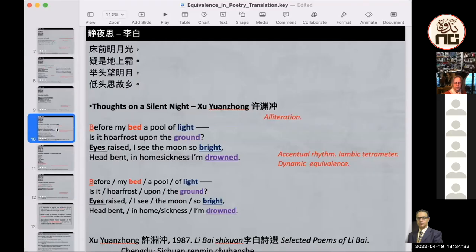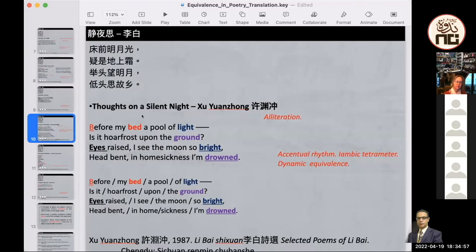Even many poets are not so familiar with English prosody. So when I analyze his poem and his translation here, I think he did a great job in terms of rhythm. In terms of translation also, he did very well. He did not deviate much from the literal meaning.